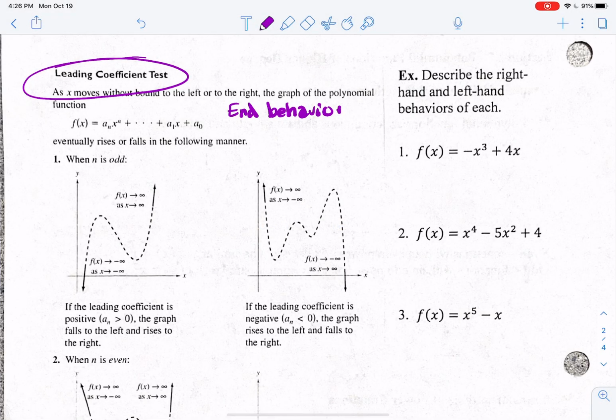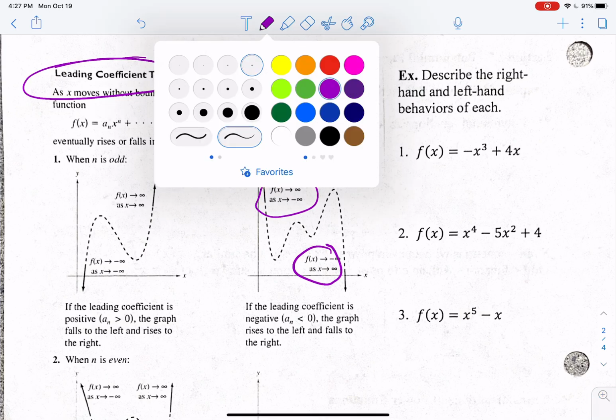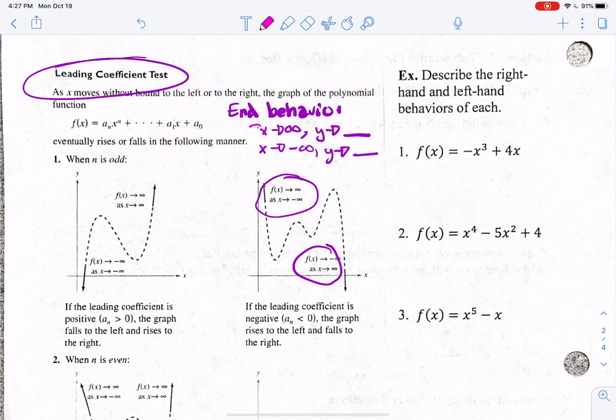Okay, it talks about the end behavior of a graph, and the end behavior is described like this. We always say as x goes to infinity, y is doing something, and as x goes to negative infinity, y is doing something, okay? As x goes toward infinity, this is kind of saying x goes to the right, as the function is going to the right.